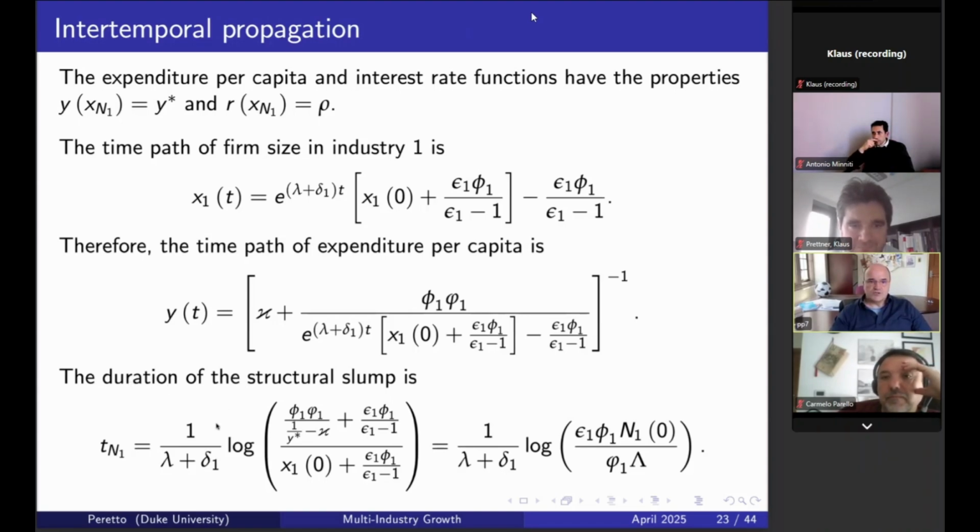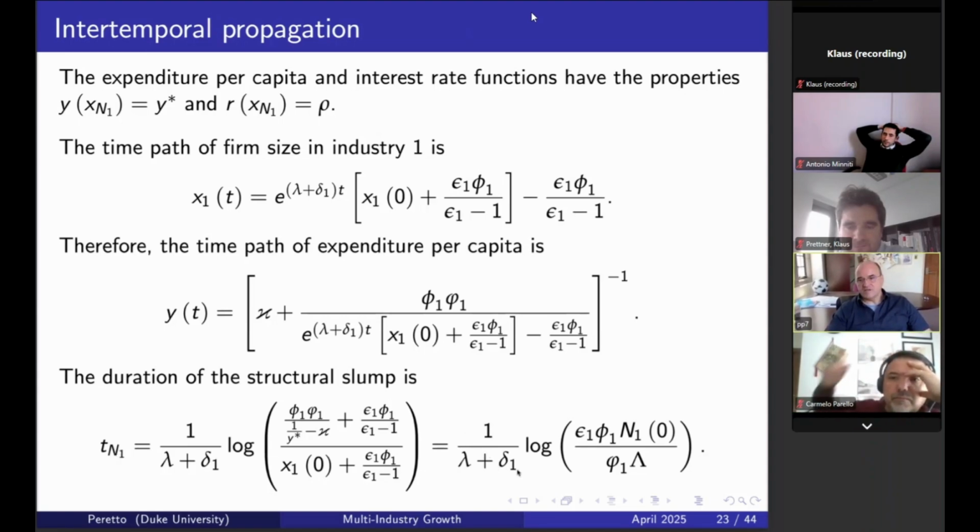Because remember the intuition here, we can compute the duration because we know that the recovery is essentially governed by this exogenous rate of exit plus this exogenous growth rate of the population. And we have the differential equation that has a solution. But the important thing is that this date is completely dictated by the parameters of industry one.